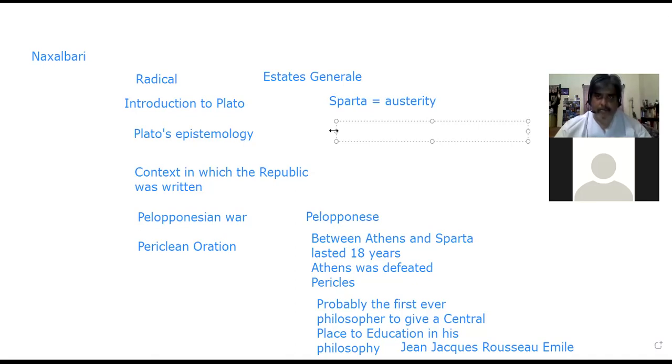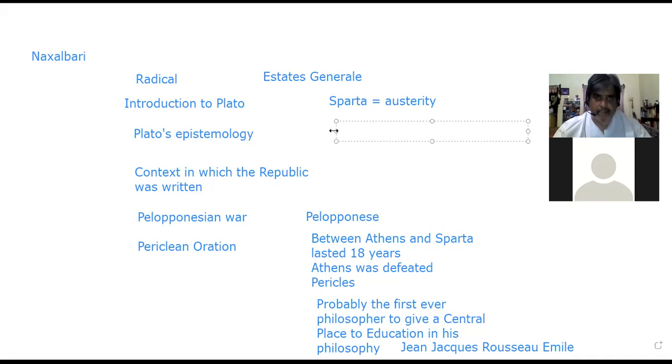Or some people call it Estates General in English. It is also called States General because there's no difference between estate as a word and state at that time. Now there is a little bit. We'll talk about that later when we come to the state. Though state is derived out of estate.